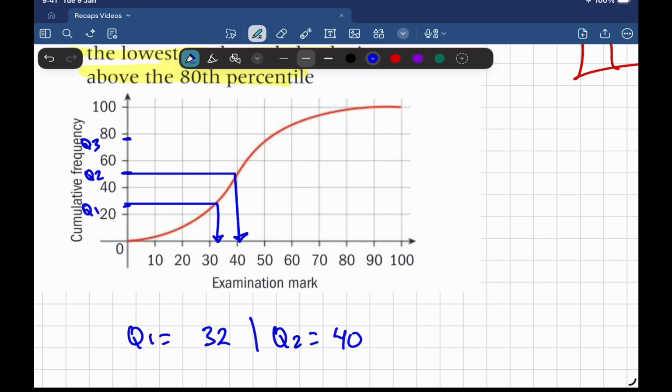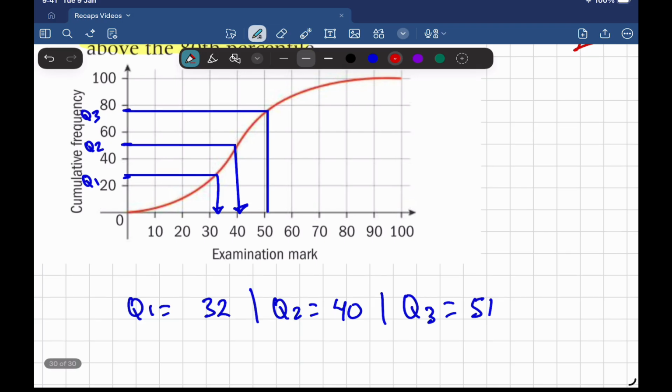Then for Q3, my estimation is here, touching down, like 51. So this is 51. Again, don't worry, this is an estimation.